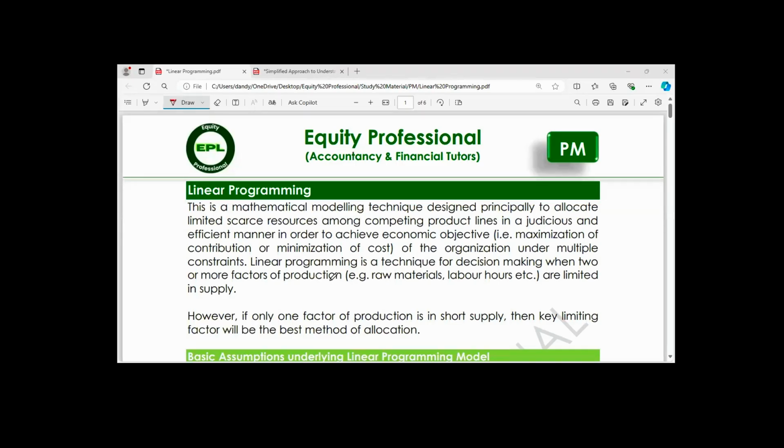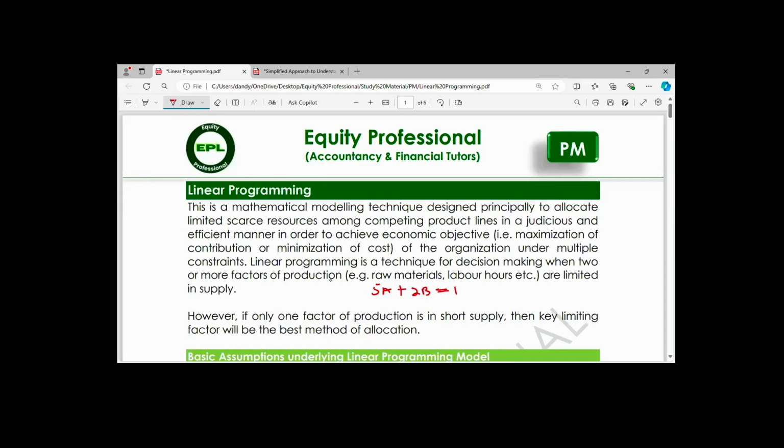I express it for you that, say for example, you are given 5 kilograms of material A, 2 kilograms of material B, and then the total available material is 100.